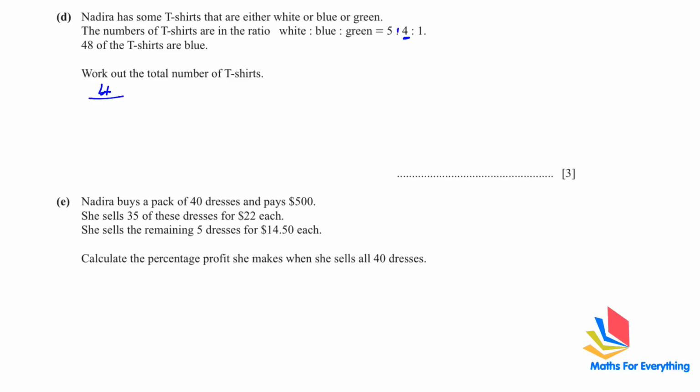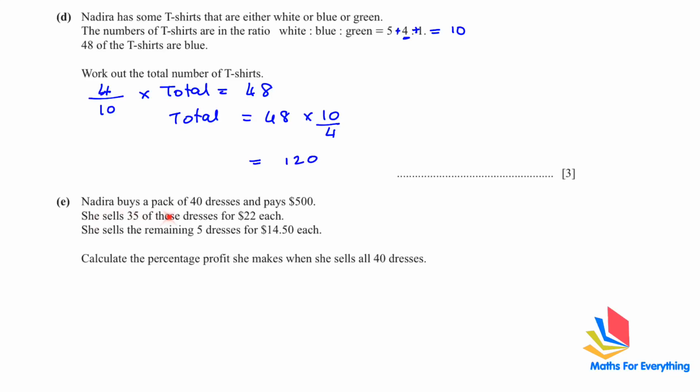Over the total, how many are there? 5 plus 4 plus 1, 10 parts. 4 out of 10 parts are blue t-shirts, and that is 48. So the total t-shirts will be 48 multiplied by 10 over 4, which will give us 120.